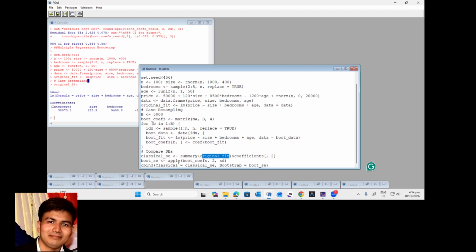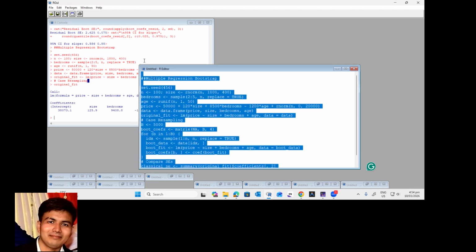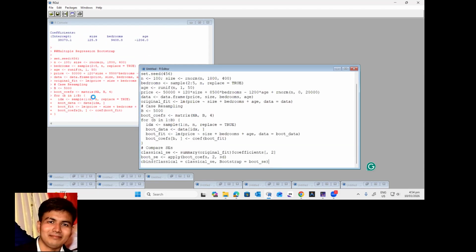For the boot standard error, we just apply the apply command with boot coefficients, comma 2, comma standard deviation. Here 2 is used for the columns, and if you write 1, it will apply to the rows. And in cbind, we are going to combine both standard errors, classical as well as bootstrap. So we will check what it will be.